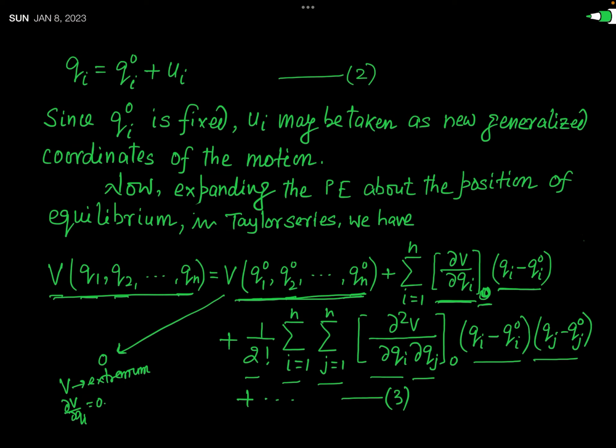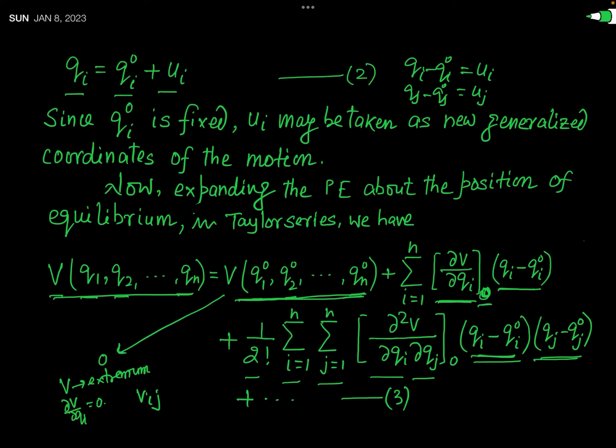And this constant is denoted by the symbol Vij. And you can see that this Qi minus Qi0 will be what? See this equation 2. Qi is equal to Qi0 plus Ui. So from here you can see that this Qi minus Qi0 will be simply equal to Ui. And similarly, Qj minus Qj0 will be equal to Uj.